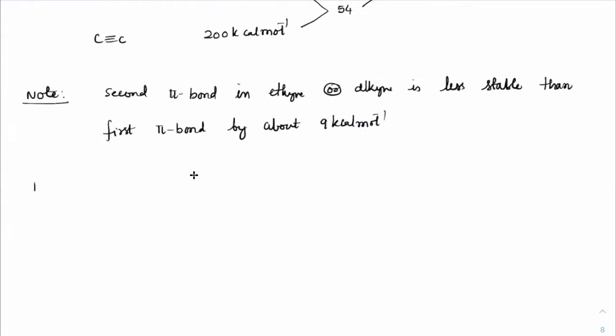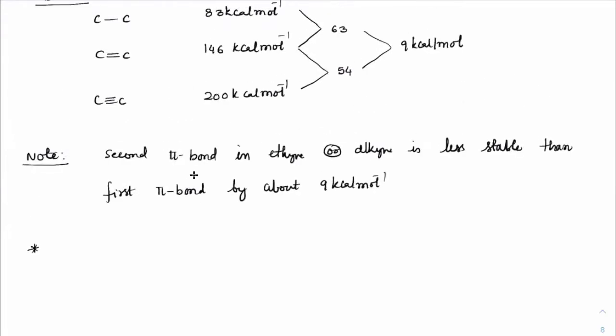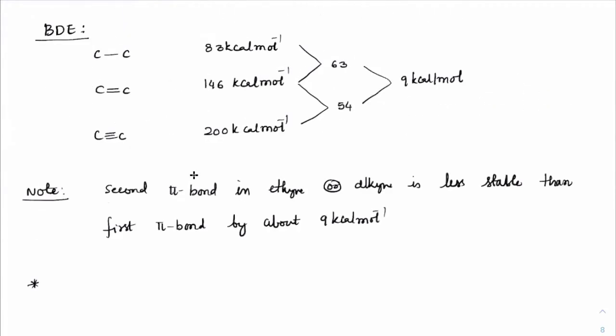One thing we can say from here is that the enthalpy of hydrogenation of alkyne to alkene is greater, because the more stable the bond is, the less energy will be released overall. Clear, everybody?